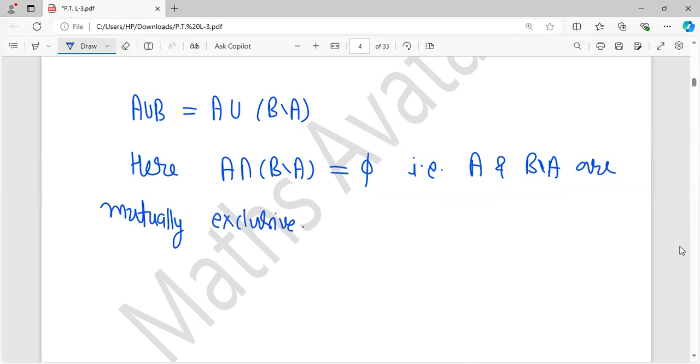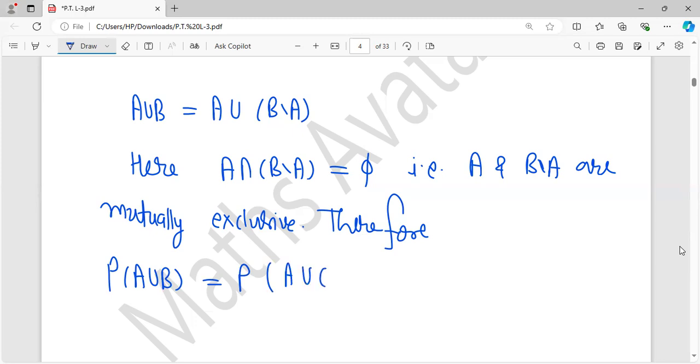Okay. So therefore, probability of A union B is probability of A plus probability of B minus A, because both are mutually exclusive, so probability will be additive.